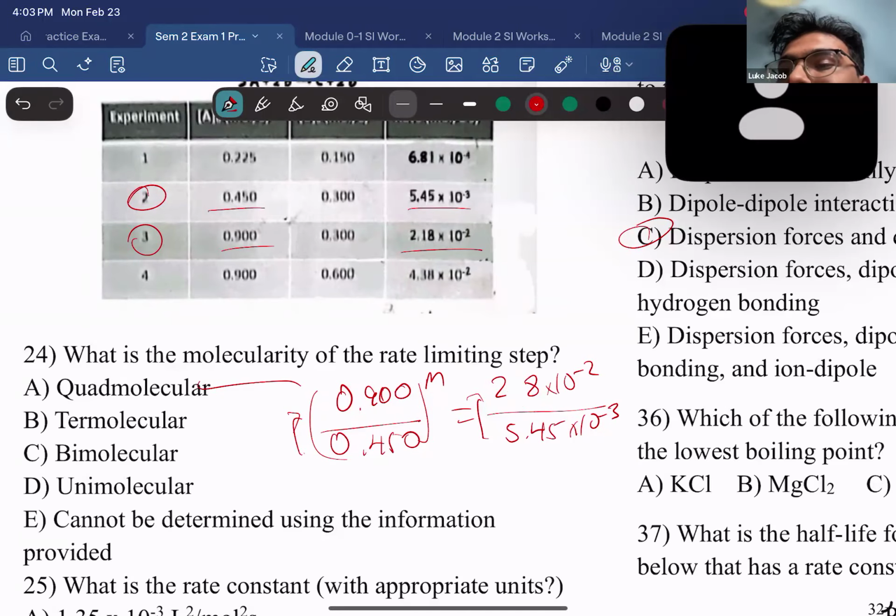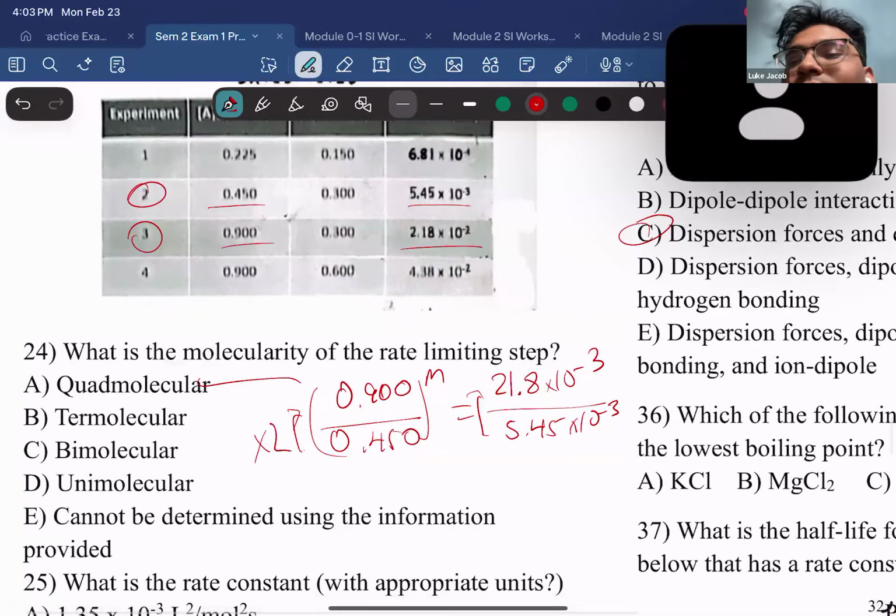So instead of 2.18, you could say 21.8 times 10 to the negative 3. Now you can see that as this doubles, this also quadruples, right? So we could say that 2 to the m equals 4, and that m is going to equal 2 in this case.